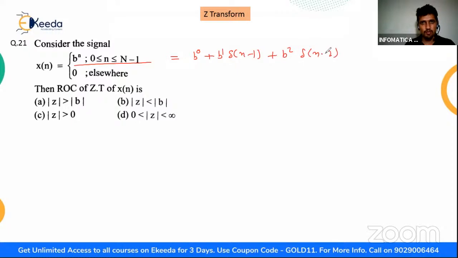Okay, so Z transform, when we calculate X(z), we will get that this is basically constant 1. So b raised to the power 0 is basically del n, multiplied by 1, so it will be 1 plus b z inverse plus b square z raised to the power minus 2, like that.